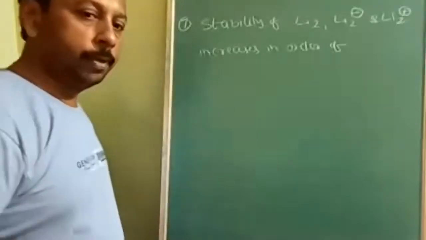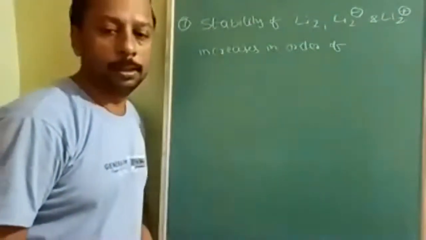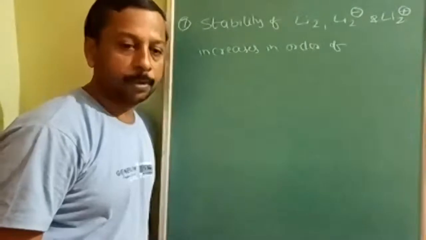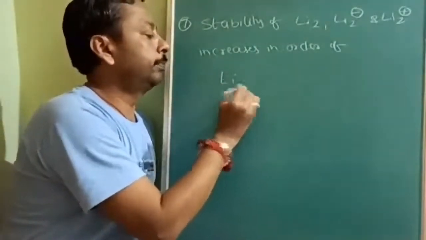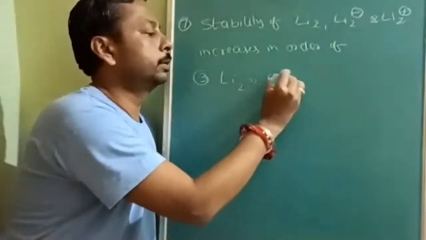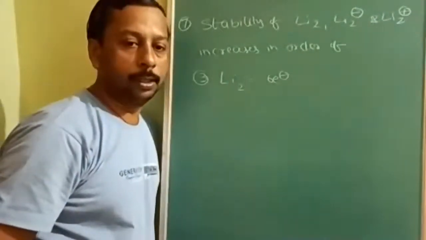Okay, here, the stability of Li2, Li2 minus, Li2 plus, increasing order you have to arrange. See, the lithium atomic number is 3, so there will be 6 electrons. Hydrogen, helium, lithium.